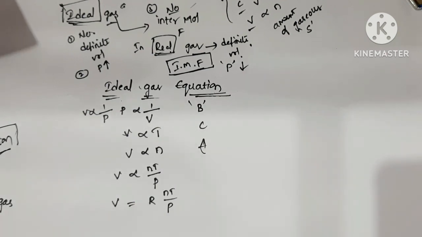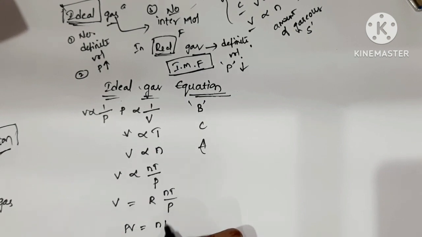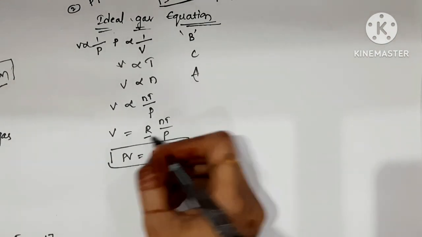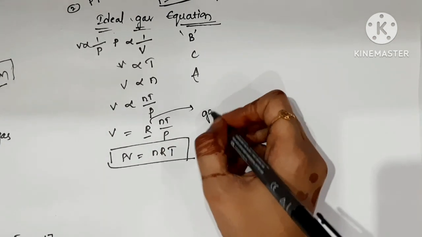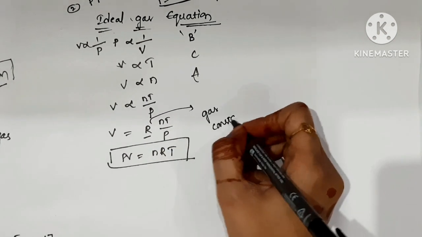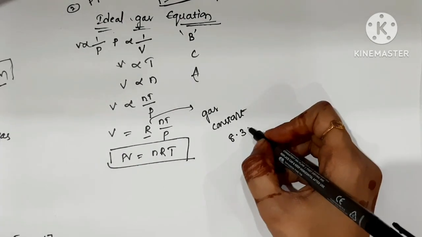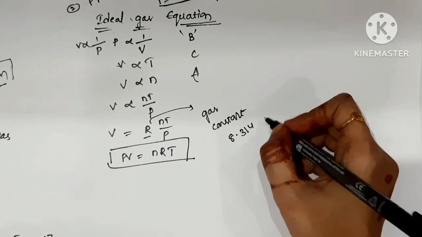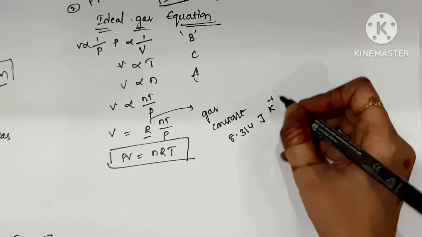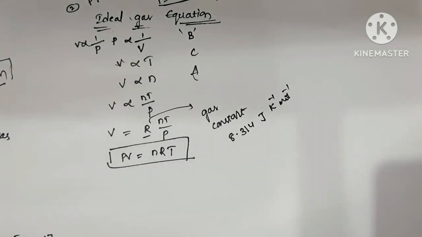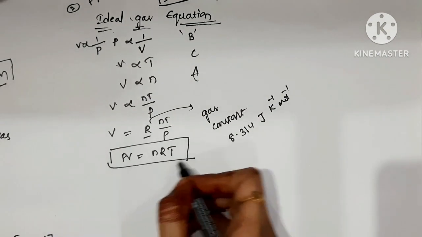So PV is equal to nRT. Whereas R is called the gas constant, and its value is 8.314 joule per Kelvin per mole. PV is equal to nRT is the ideal gas equation.